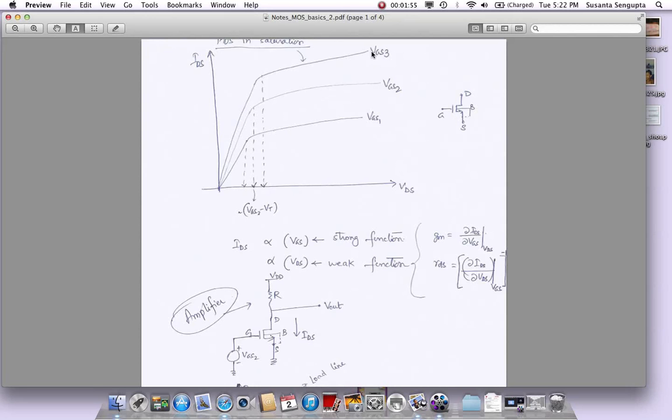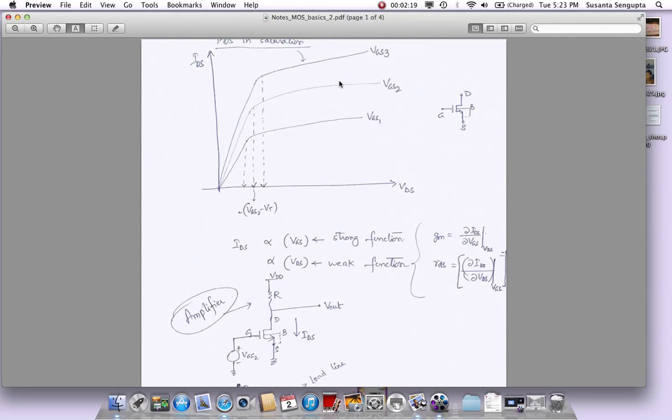If I increase the VGS to say some VGS3, we get a similar plot where the inflection point, the point where it turns around, is going to be VGS3 minus VT here, which is the V on for that particular VGS condition.